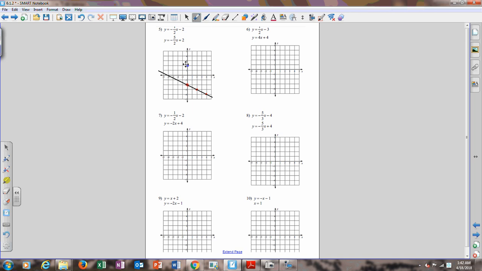Make a dot there. You go down 5, there's 2, 3, 4, 5, and right 2. Draw a line between those. You can see right where they intersect is there. That is the point (2, -3).